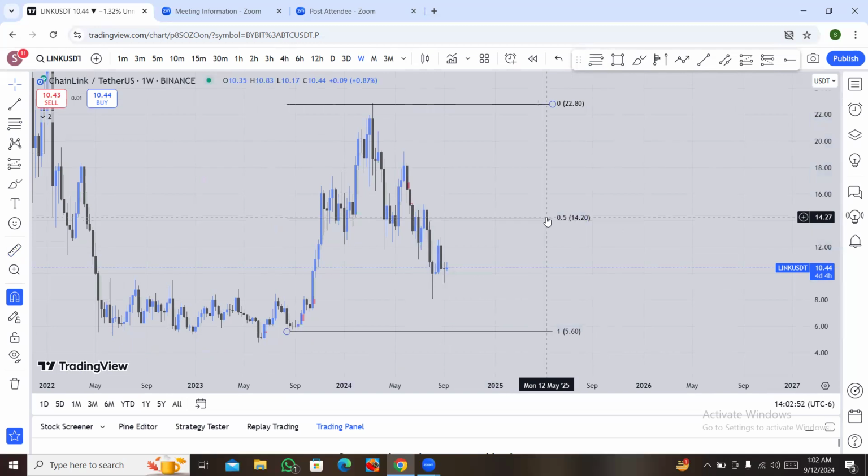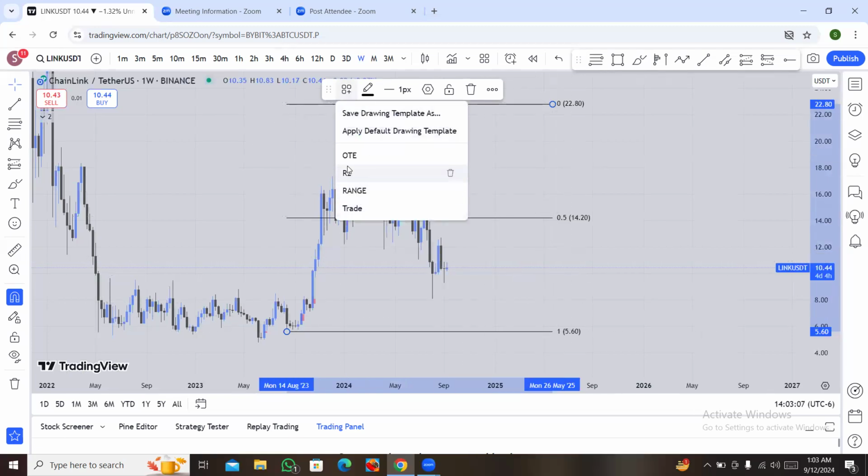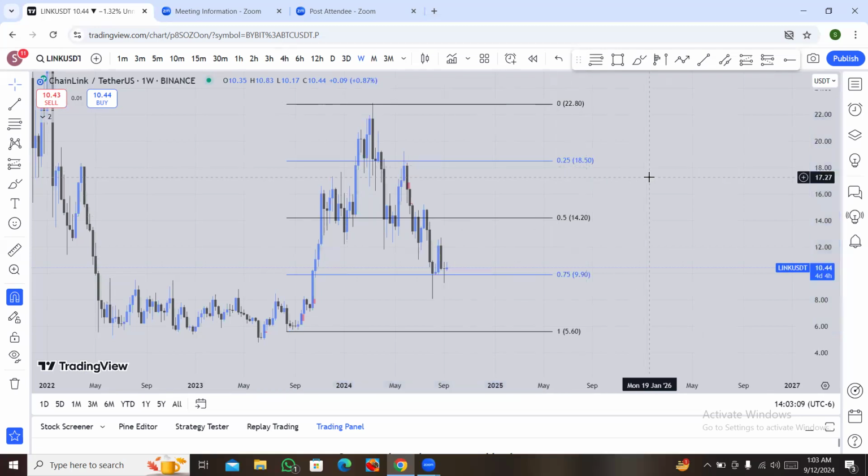I split this zone as well: from 0 to 0.5, 50%, that is 0.25, and from 0.5 to 1, 50%, that is 0.75. So now I have the exact points of trend reversal.